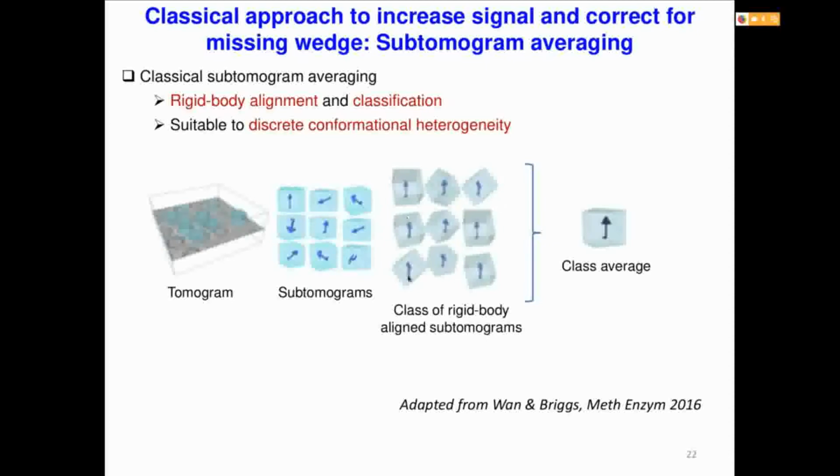When you align the subtomograms, you kind of misalign the missing wedge in each of them. Then when you compute the average, you attenuate the effect of the missing wedge, because it is oriented differently, randomly, in these subtomograms.